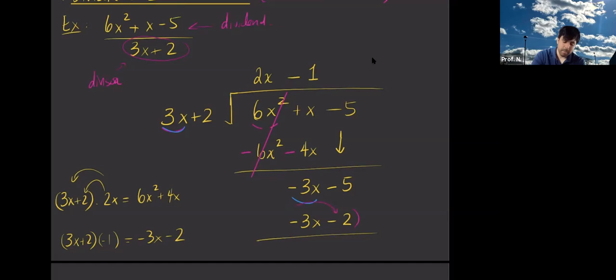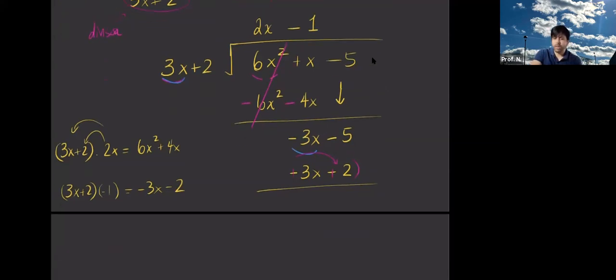It becomes plus 3x. And this becomes plus 2. And then why is this good? Why does this work? What's -3x plus 3x? Cancels. This is what I want. And then what's -5 plus 2? -3.